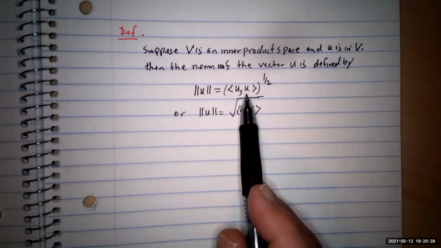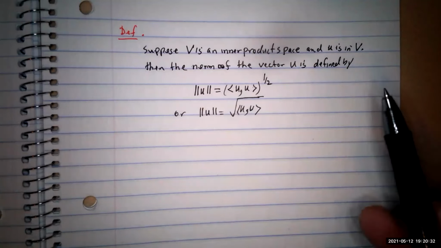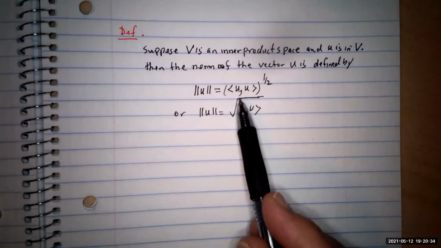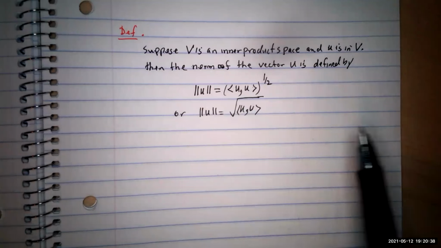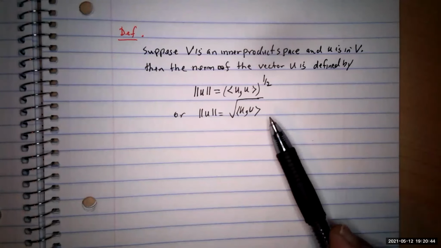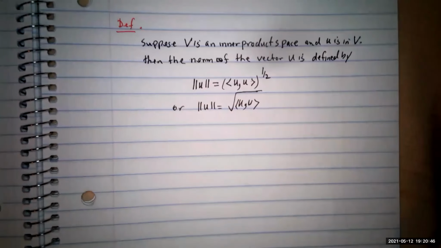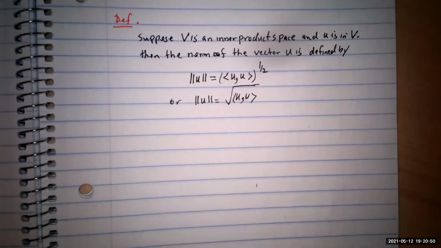Since it's a non-negative number, we can take the square root of this number, and this is going to be the norm of the vector. It depends what vector space you have; then you can find the norm and get these numbers.